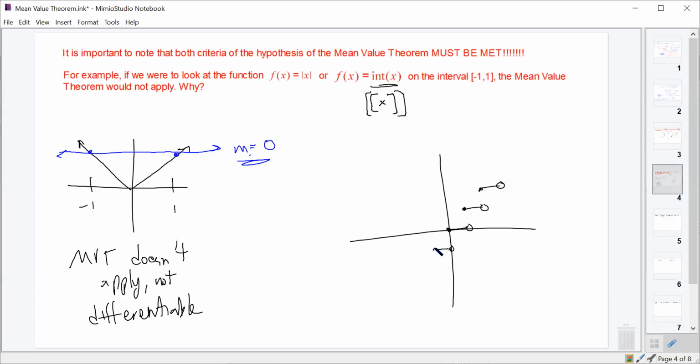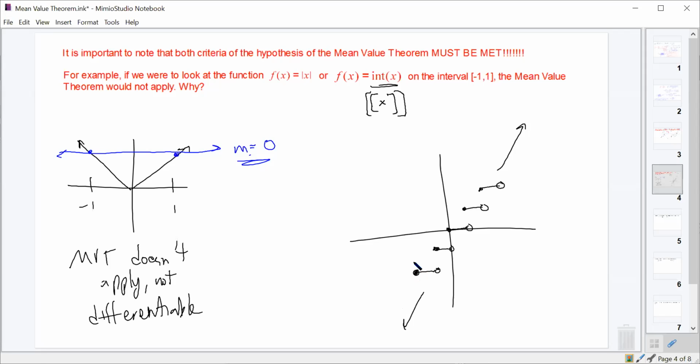Step function. Does that function look familiar? Oops, forgot to fill in that one. Does that look familiar or no? Yes. Okay, good. The greatest integer function, step function.